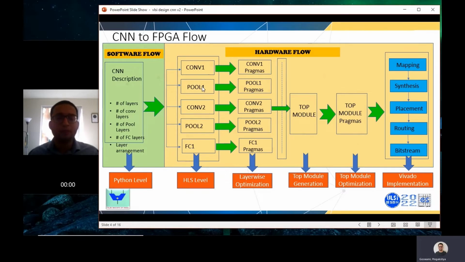We write the convolution layer, pooling layer, and all those things in HLS or in C++, and then we optimize them for minimum area and minimum latency. And once we get the optimized modules, we stitch them together to form the top module. In the top module, we do some fine tuning by doing some very minor design space exploration by changing the pragmas.